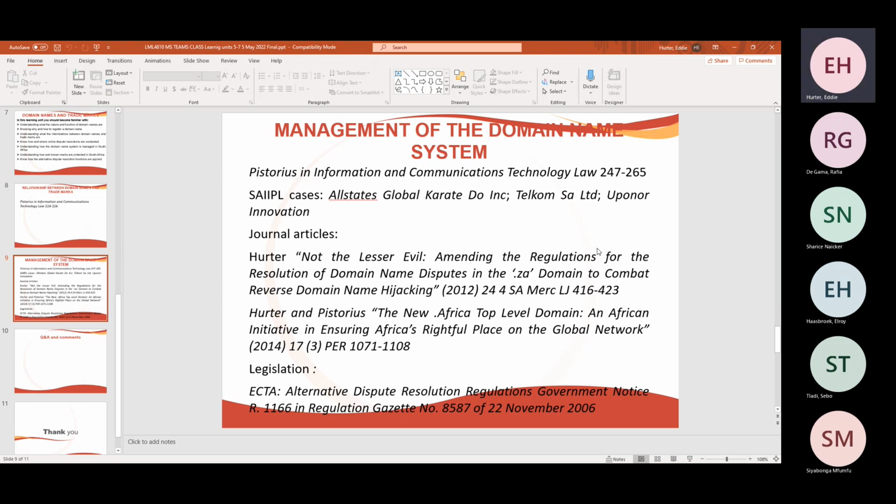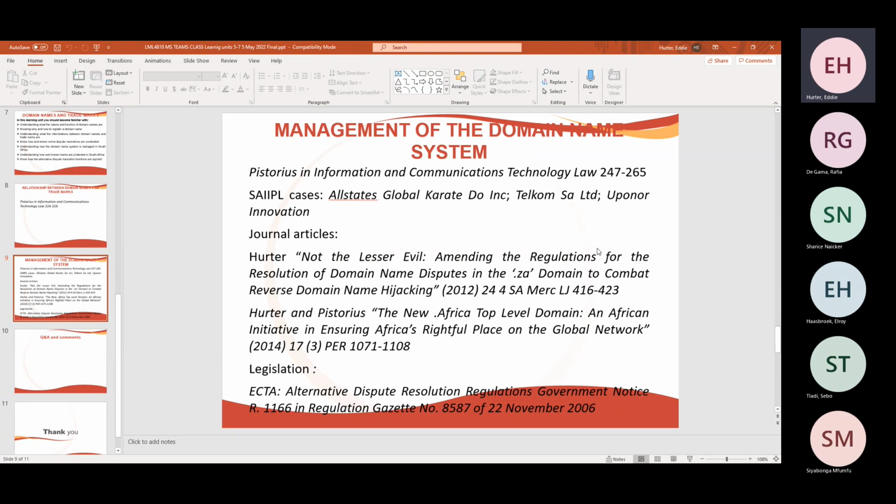That is very similar to the UDRP, but a country code top-level domain like .za may choose to have a separate dispute resolution system. The .uk, for example, United Kingdom also has its own, but there are not very many of them. But that is all conducted under the auspices of ICANN. So you need to get special permission, and you need to apply and all of that.